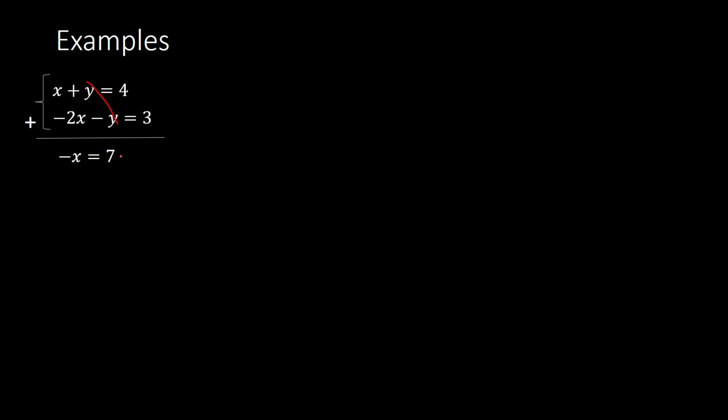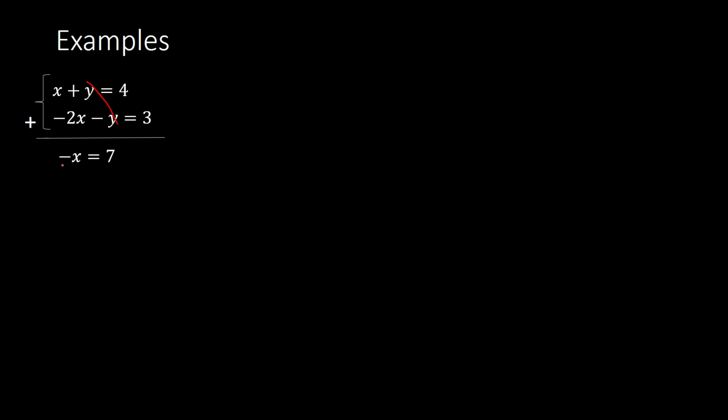And then 4 plus 3 gives me 7. So when I just add these two equations together, notice that the y's will cancel, which is my end goal. I want to get something to cancel so that I'm left with one variable where I can solve for that variable, and then I can use that to find the other one.